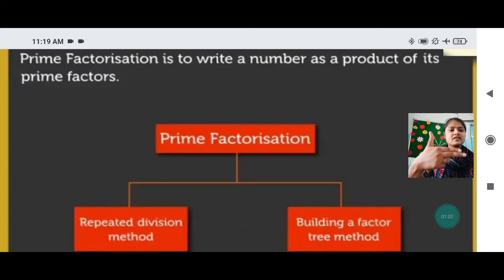First, the repeated division method, which I explained in the last class, where we divide a given number until we get the quotient as 1. Second is the factor tree method. I will discuss both ways in this class.